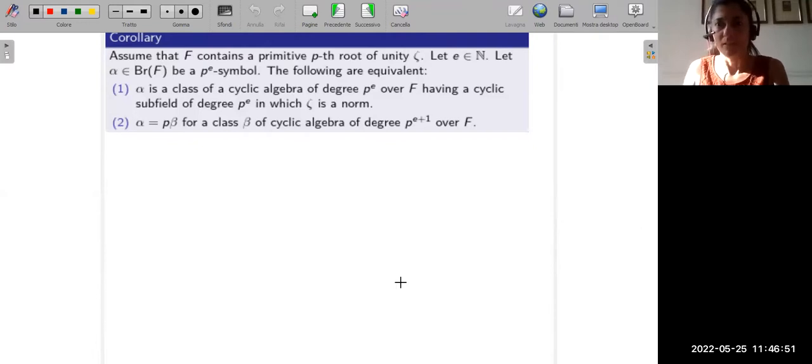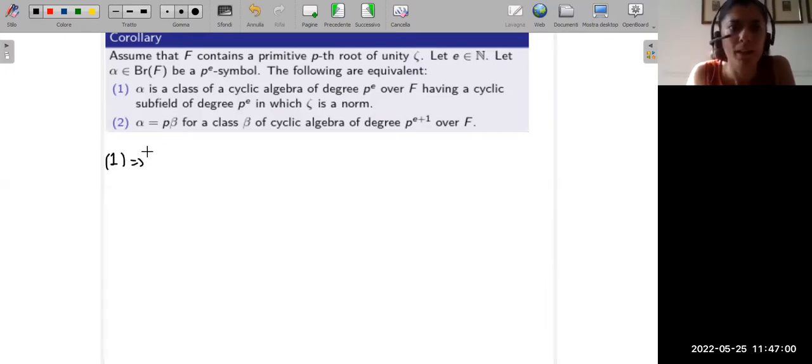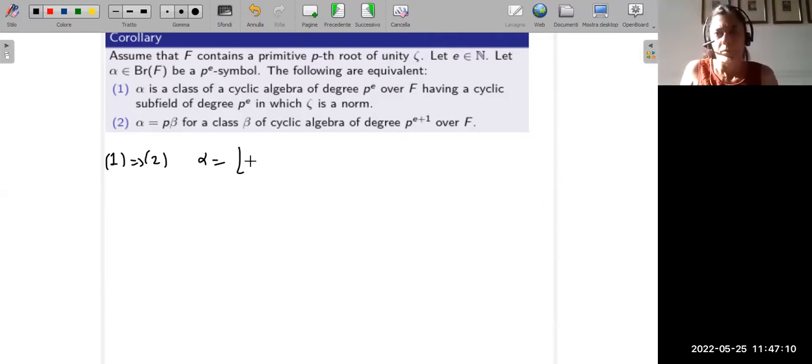Okay, I want to prove this. So let's prove this. One implies two. We have alpha given by, I will directly choose a representation for the underlying cyclic algebra. Alpha is the class of a cyclic algebra of degree p to the power e.